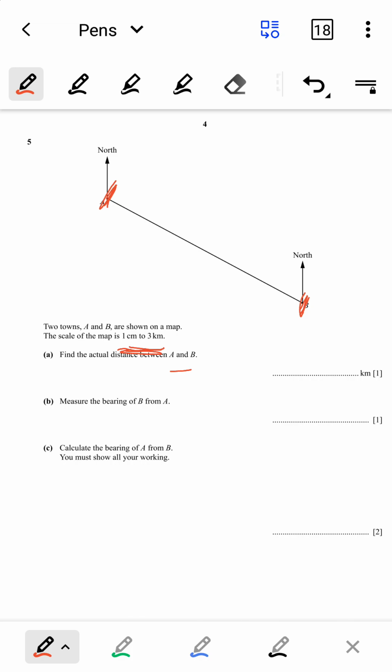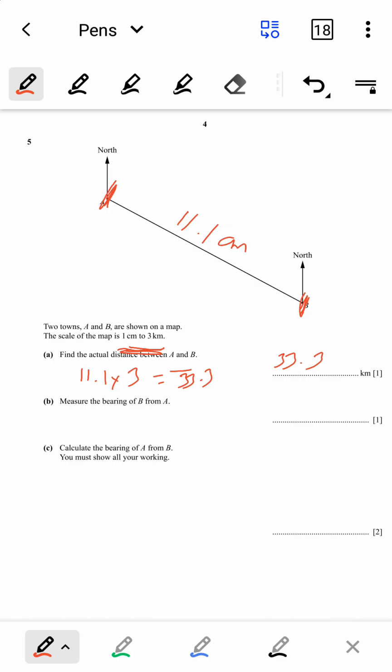Each centimeter represents 3 kilometers. When you measure with your ruler, you will get 11.1 centimeters. So 1 centimeter equals 3 kilometers, and 11.1 times 3 gives 33.3. So our answer is 33.3 kilometers.